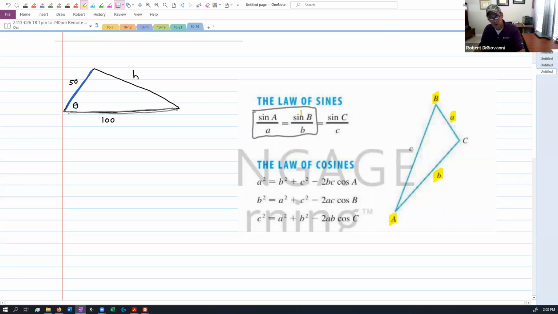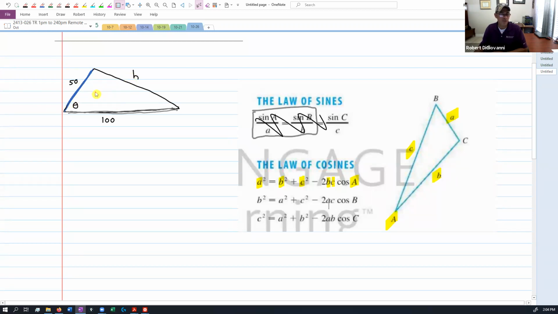So I probably don't want to use the law of sines. Law of cosines, let's see, what does it involve? It involves all three sides and just one of the angles. So BC, A, and the angle A. Don't we have this? Don't we have three sides and an angle?